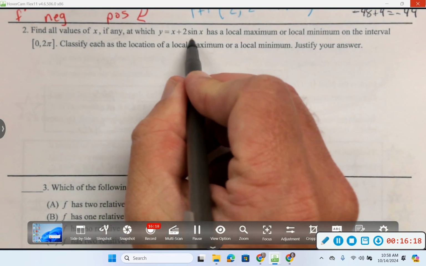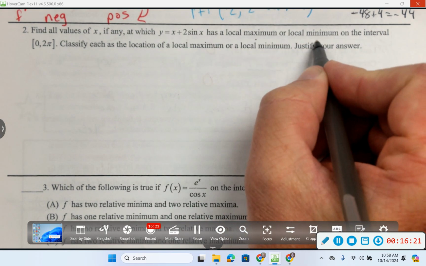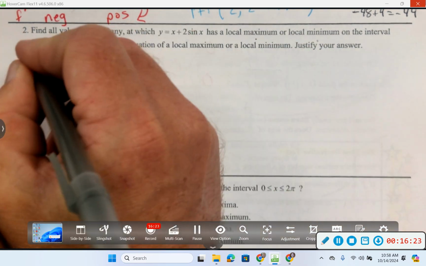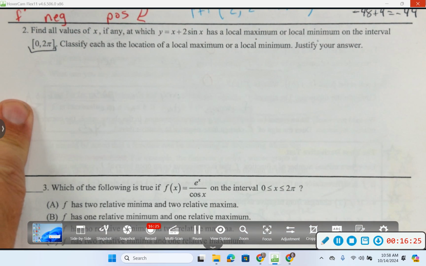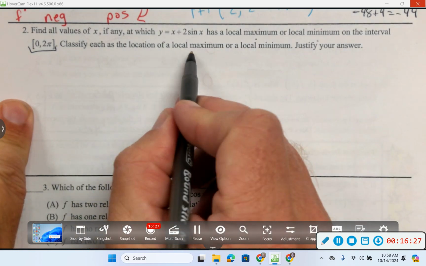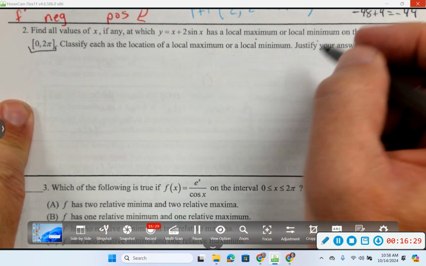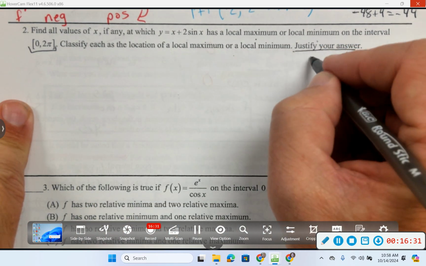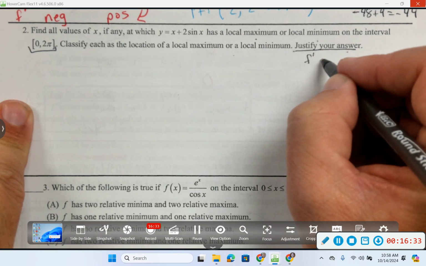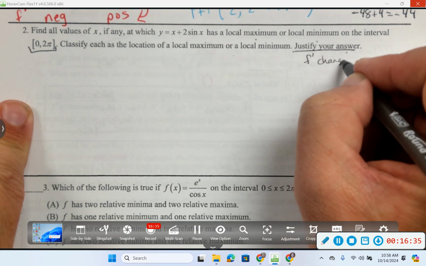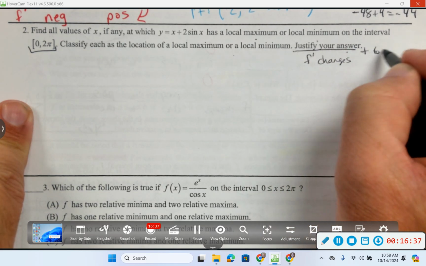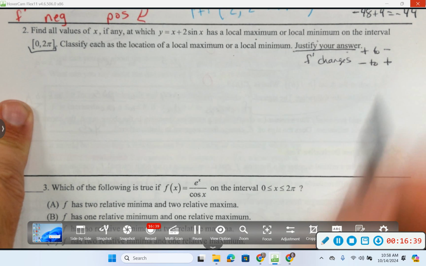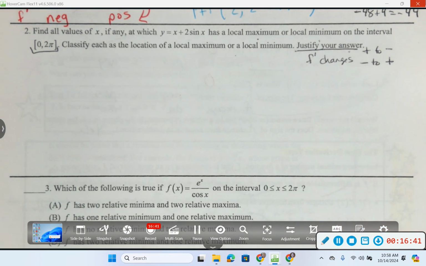At which this thing has a local max or local min on this interval. So I'm only looking 0 to 2 pi. State whether it's a max or min and justify your answer. Again, justify is always going to be f prime changes positive to negative or negative to positive, depending on if we got a max or a min.